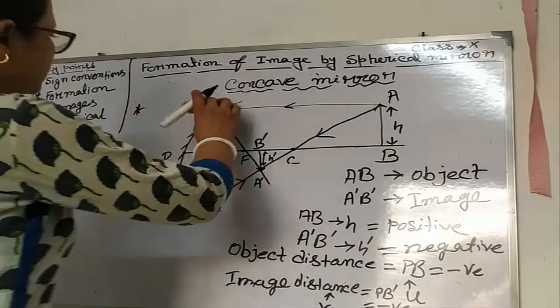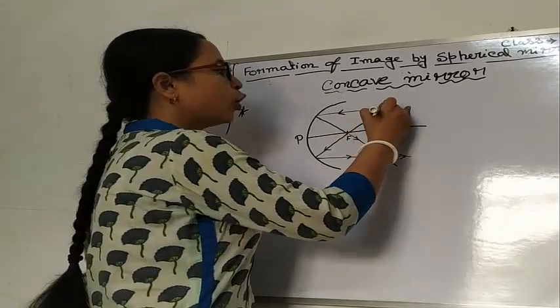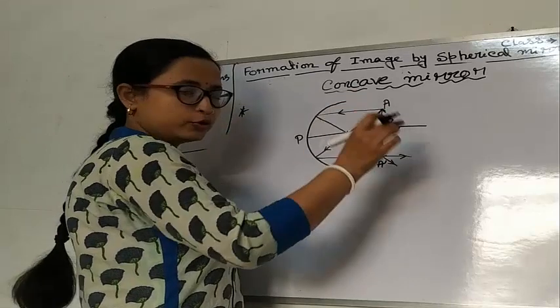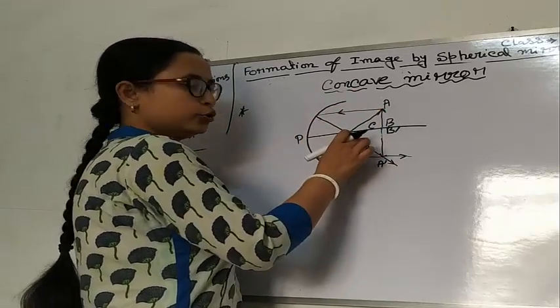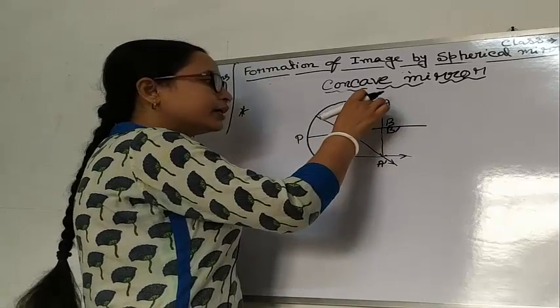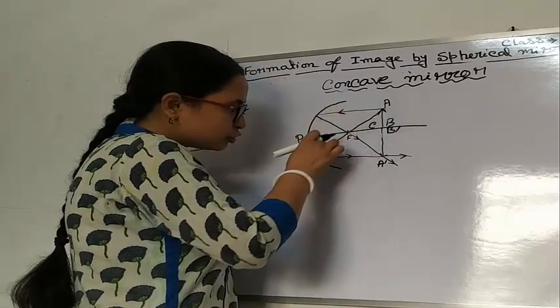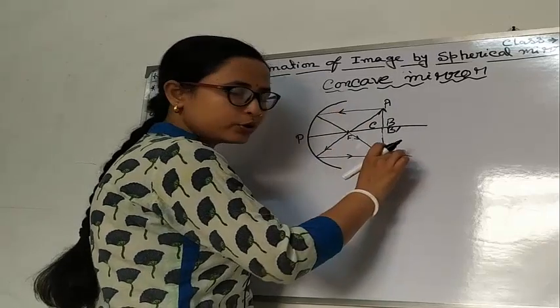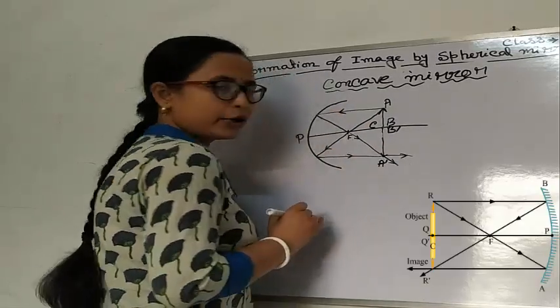Now the next. If we place the object at the center of curvature, then we have to take a ray parallel to the principal axis which passes through the focus point, and a ray passing through the focal point. After passing through the focal point, it will be parallel to the axis. These two rays meet at this point A dash.